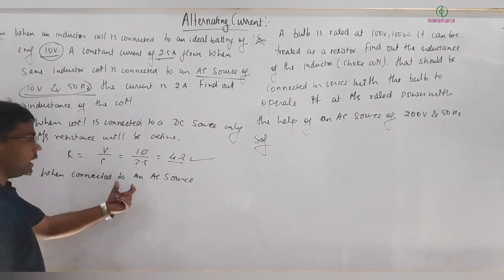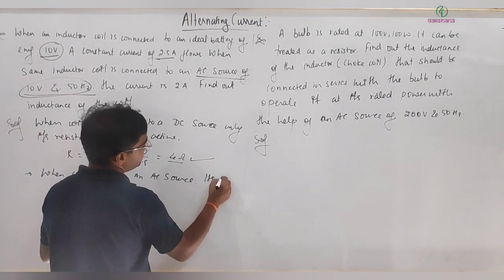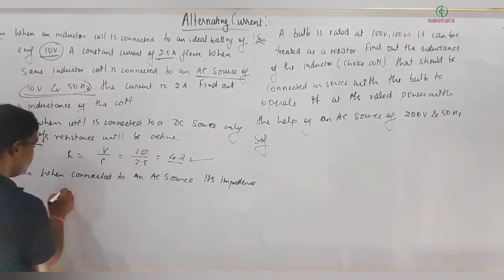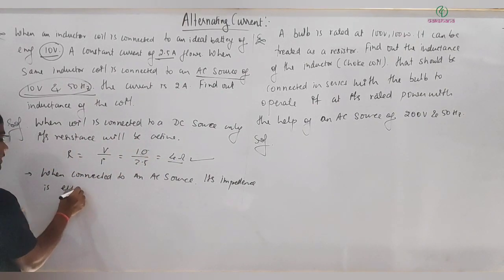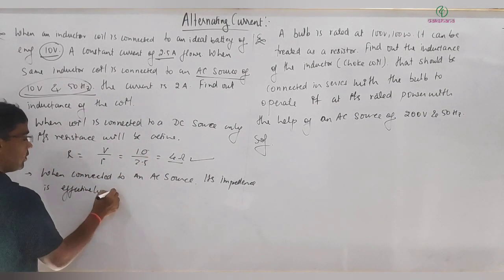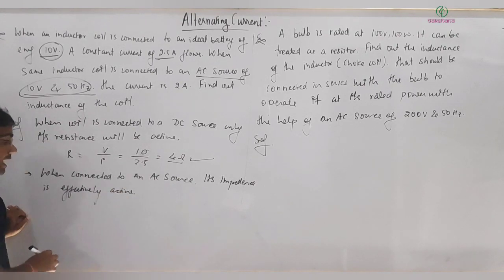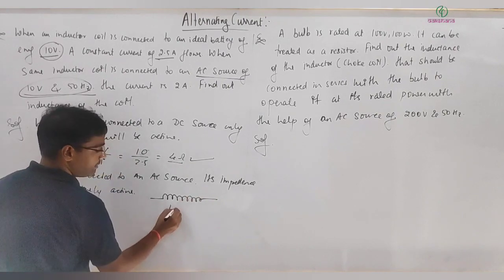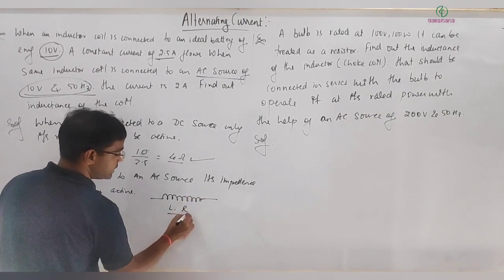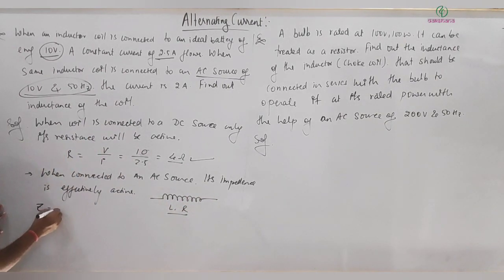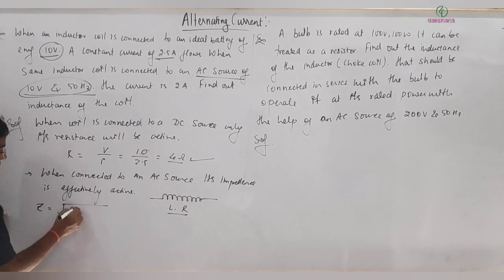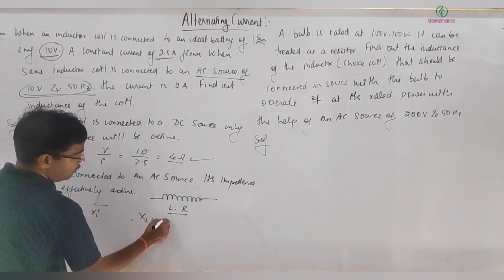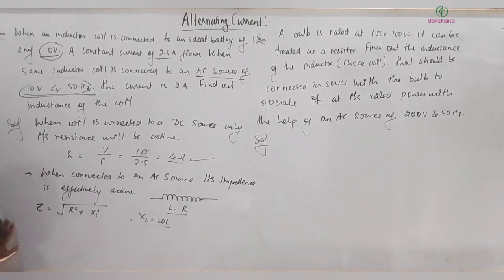So when connected to an AC source, its impedance is effectively active. And if we have one coil having inductance and resistance, then what is its impedance? Impedance is given by under root R square plus XL square, and XL is equal to omega times L, right?